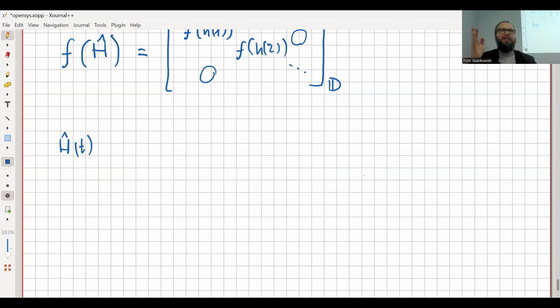If you could find such a basis, that would mean that your Hamiltonian at different points in time commutes with itself, and then it's essentially a constant Hamiltonian, if you remember. You don't need time ordering, for example. So if your Hamiltonian depends on time, diagonalization doesn't work.